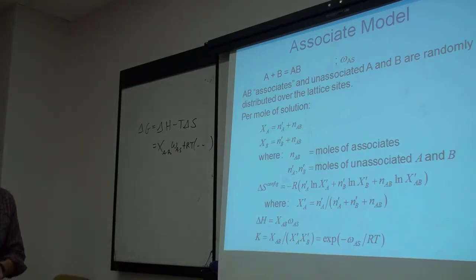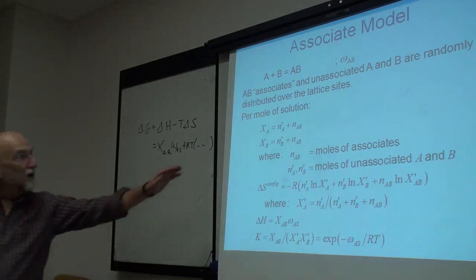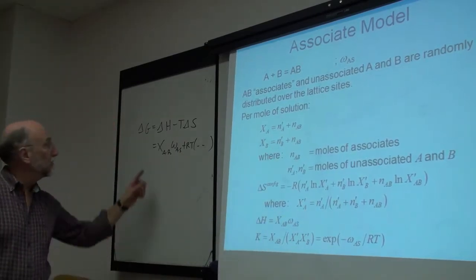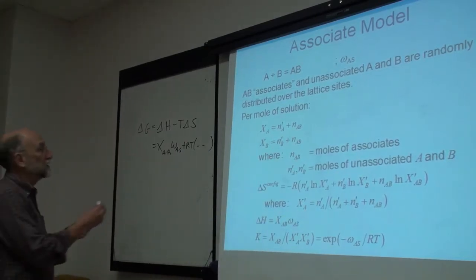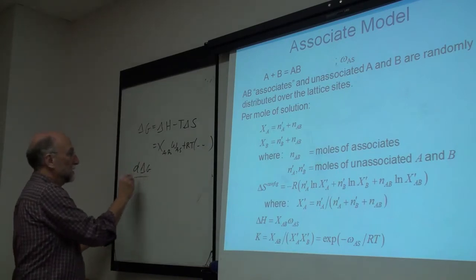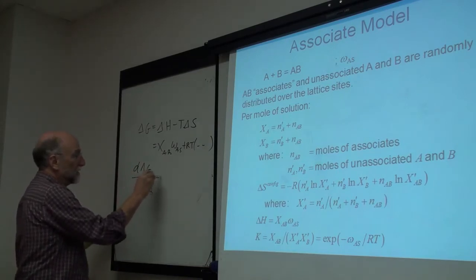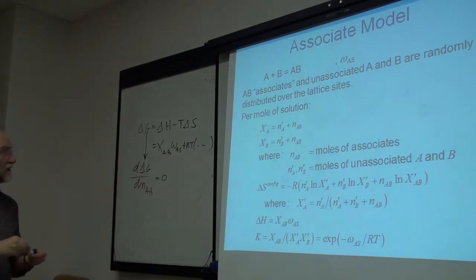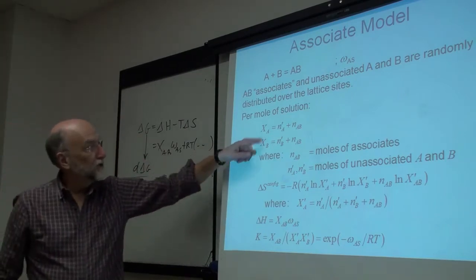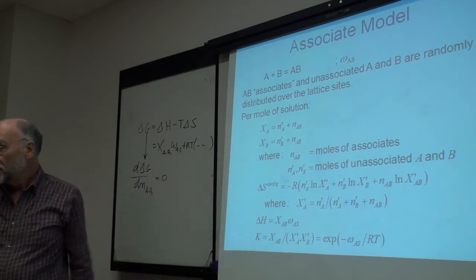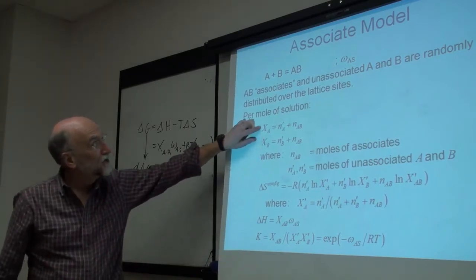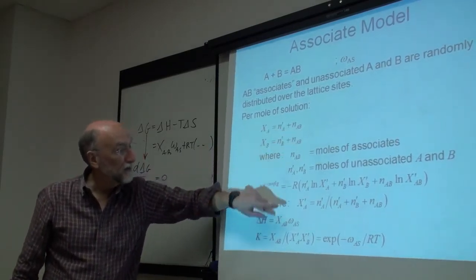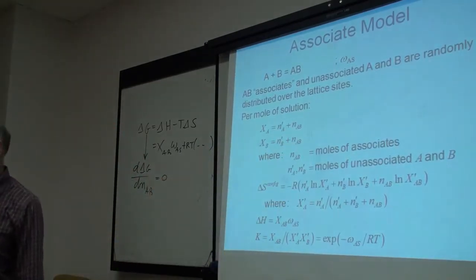Okay. And now, the equilibrium number of associates is given by minimizing the Gibbs energy. So I take d delta G over dNAB, and I set it equal to 0, putting delta G into that expression, using these expressions and using the mass balance equations here. So at a fixed composition of XA and XB, N prime A and N prime B are given as functions of NAB by this, and I differentiate the entire thing.